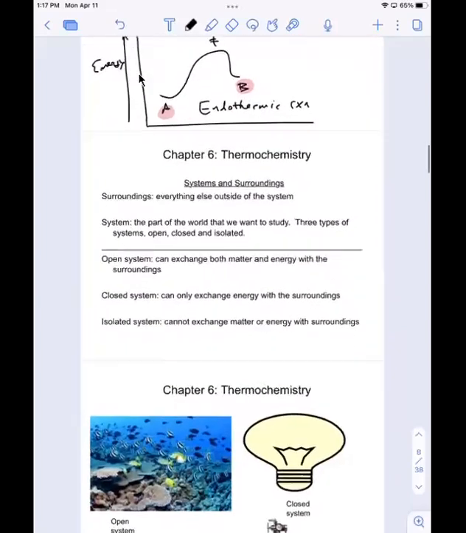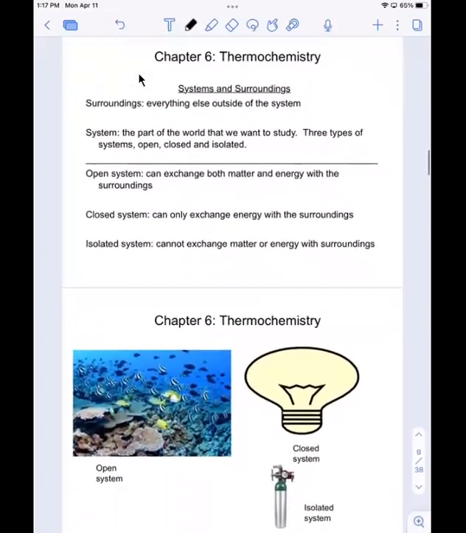So I need to give you some kind of background, an overview, a little bit about systems and surroundings, and we'll talk about that briefly, and then we're going to move into some of the more pertinent information regarding delta H and ways to change the energy of a system, right?